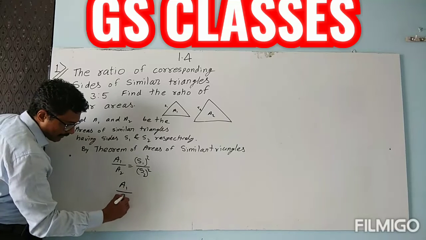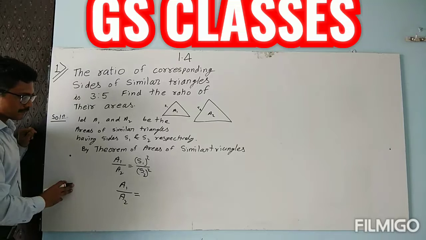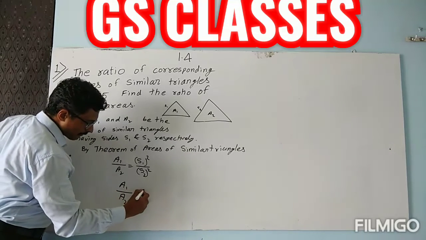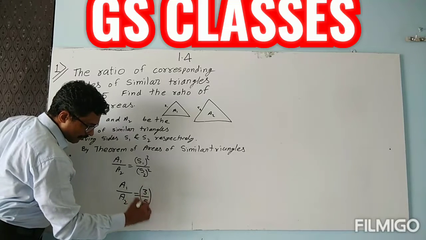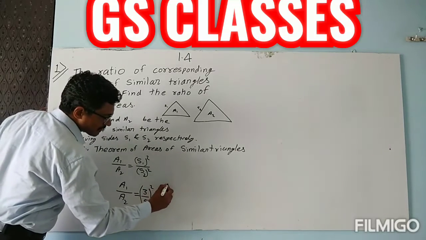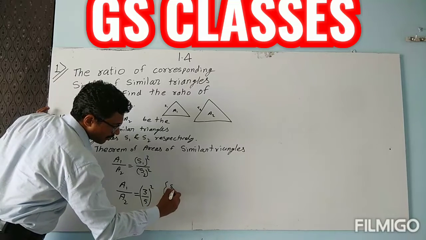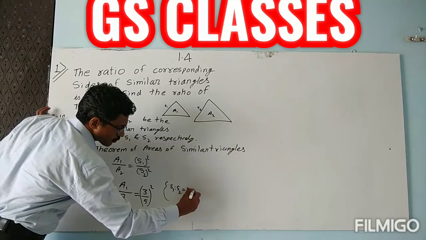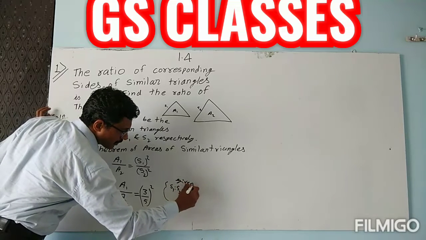So if these two triangles are similar, I can now write A1 upon A2 equals to 3 upon 5 the whole squared. Here we mention S1 is to S2, 3 is to 5, and this information is given to us.